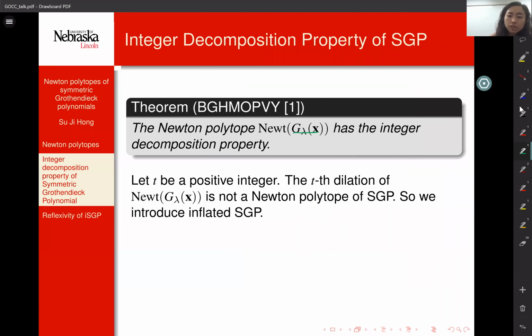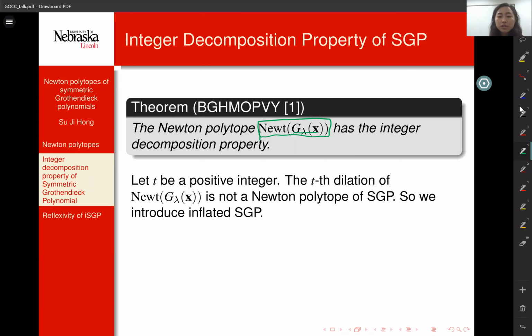In order for us to prove this, we wanted to look at the t-th dilation of this, and we were hoping that we could say that it's going to be the Newton polytope of another symmetric Grothendieck polynomial, because we know what the lattice points of the Newton polytope of SGP are going to be.